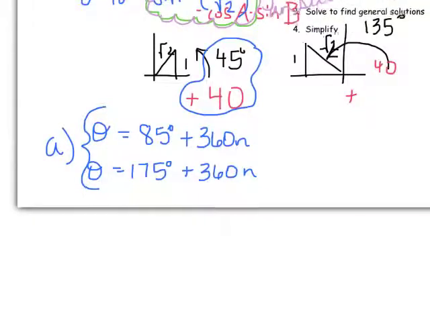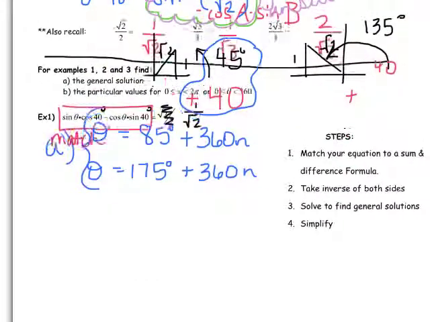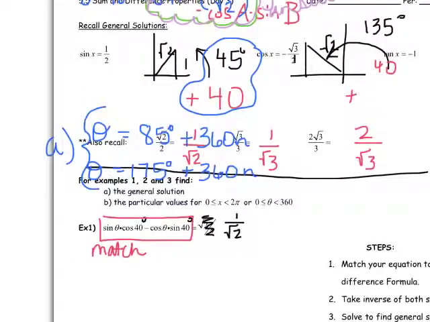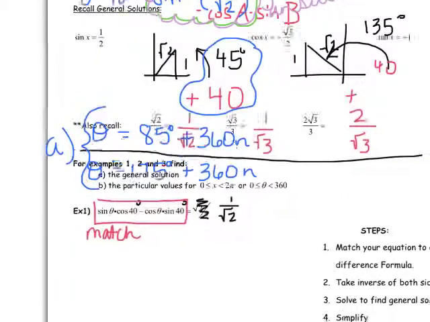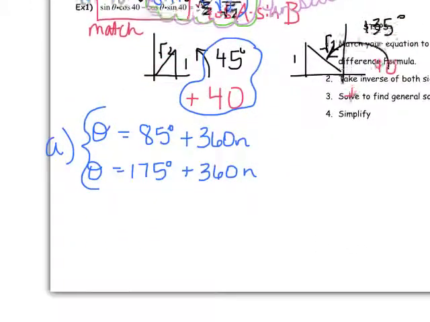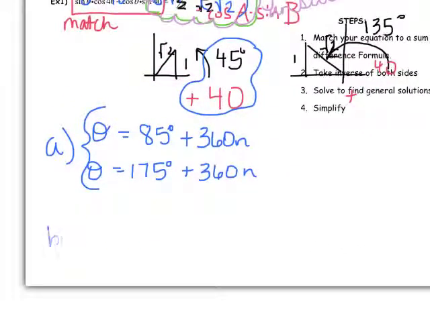All right, now the second part of the question asks us to get particular values, so I'm reading part B, from 0 to 2 pi or 0 to 360. So we're going to be concerned with 0 to 360 because we are in degrees. And so if I take a look at what that means, well, we do want to go in smallest to largest order.